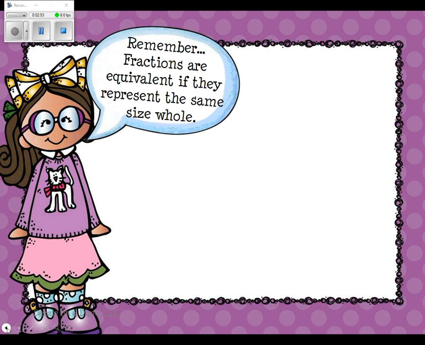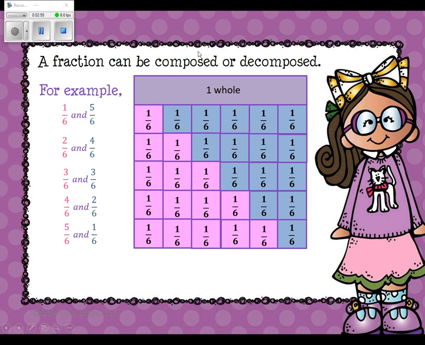Let me go back to that one, I'm sorry. When I'm talking about composing, that means that I am adding the parts together. So 1/6 and 5/6 makes 6/6. That's composing, or putting all the parts together.